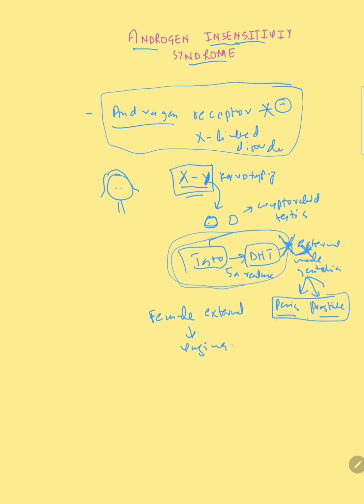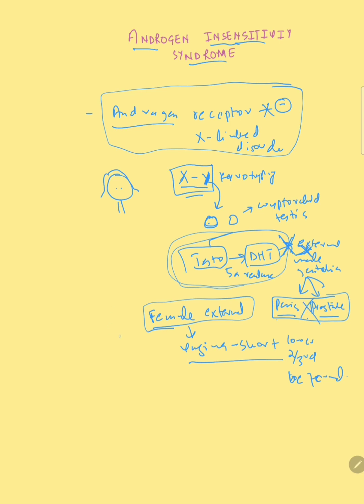But it will be short, only the lower two-thirds of the vagina will be formed. So there will be female external genitalia and absent male external genitalia. That's the first feature.